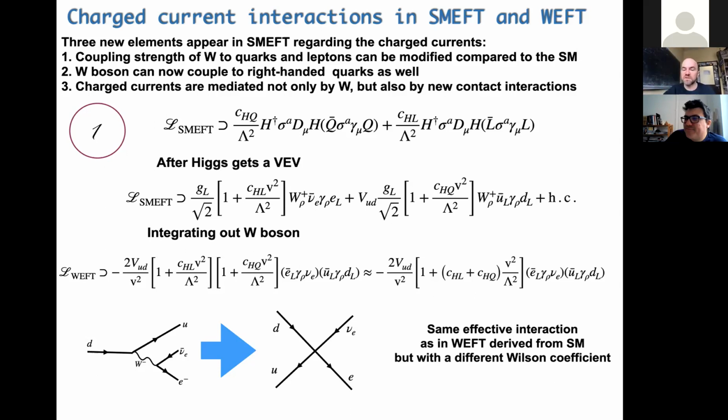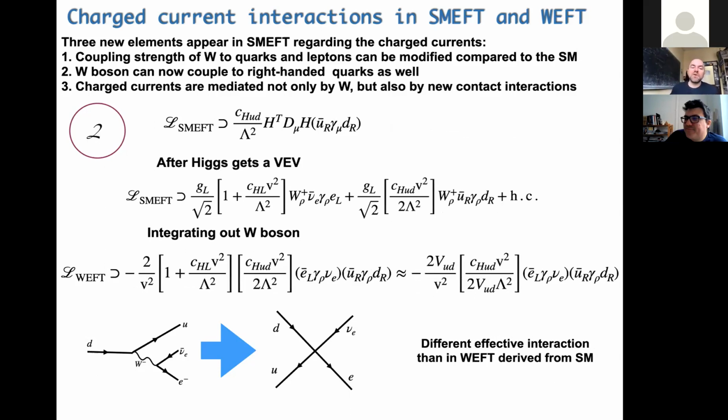There might be dimension 6 operators, and they might modify the value of these Wilson coefficients in the WEFT. But there is more. The SMEFT might produce something that doesn't exist in the standard model in the first place, or that would not appear if the standard model was the correct theory.